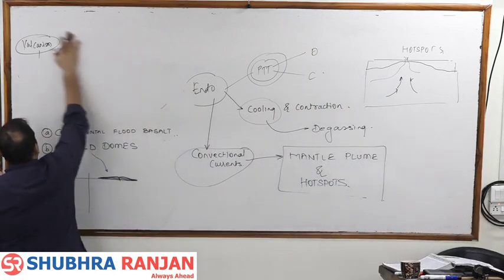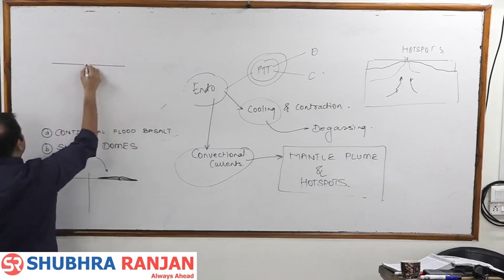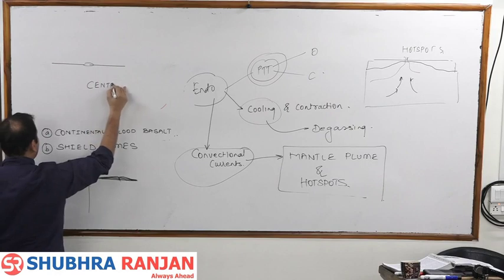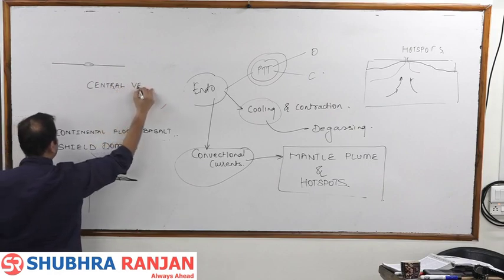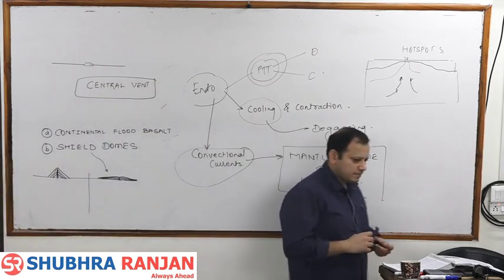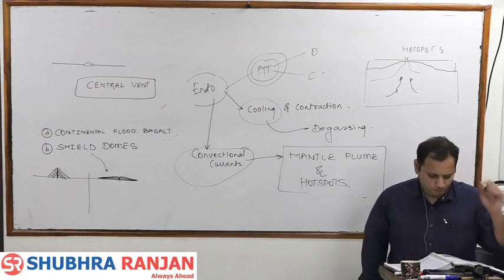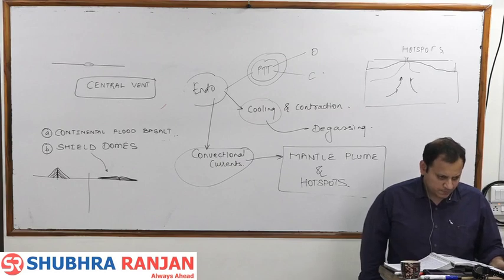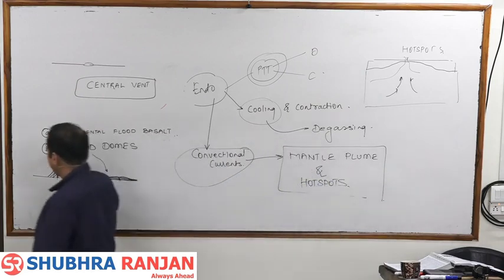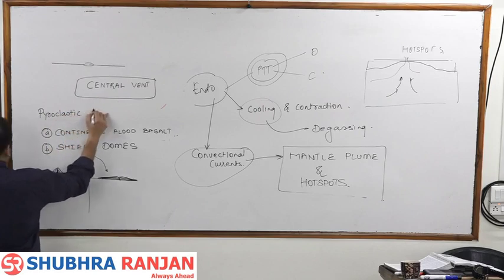In such kind of volcanic eruptions, the magma comes out from central vent, ब्रैकेट में लिखना crater, along with huge amount of pyroclastic material.